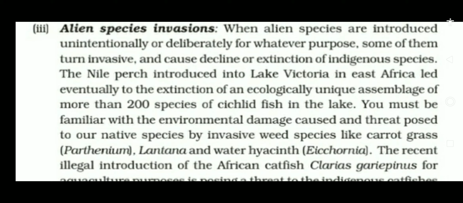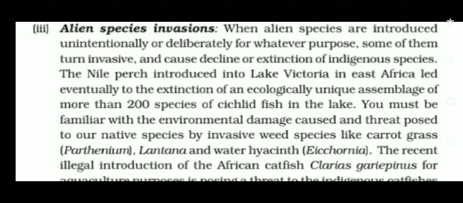Second example: in our surroundings we are watching carrot grass, parthenium, lantana, and water hyacinth, which is called Eichhornia, and these species increase vigorously and widely, and that's why in many of our water bodies we are watching, they are full of water hyacinth.